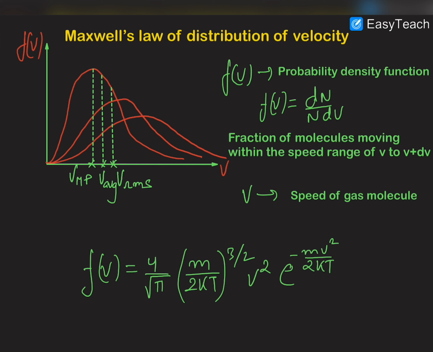If this is the temperature T1, this is the temperature T2, and this is the temperature T3, then we can surely say that T3 will be greater than T2 will be greater than T1, due to the fact that on increasing the temperature, the peak of the graph is shifting in the forward direction, and we know that all of these velocities depend on under root of temperature. So if we increase the temperature, then these velocities will increase. So this is the Maxwell's distribution.